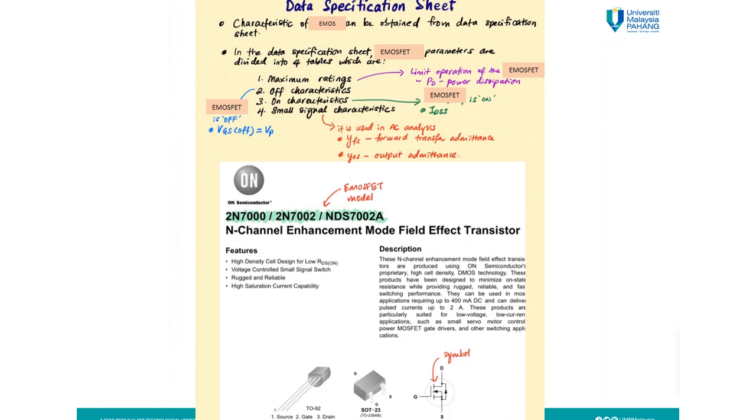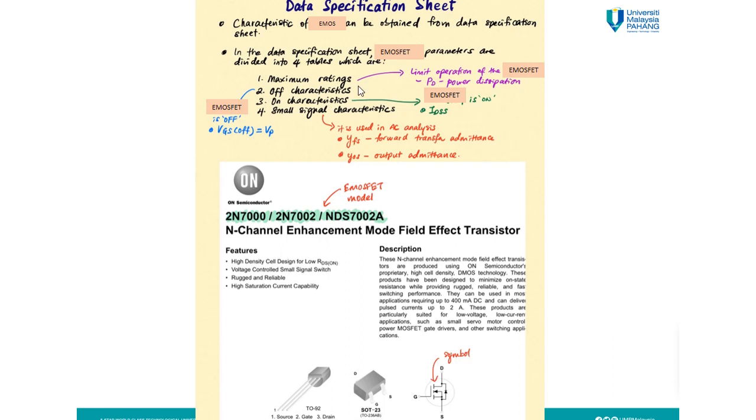Okay, now we go to the last part in this chapter, which is the data specification sheet for the EMOSFET. In this specification sheet, the EMOSFET parameters are divided into 4 tables, but in some data sheets there are more than 4 tables.